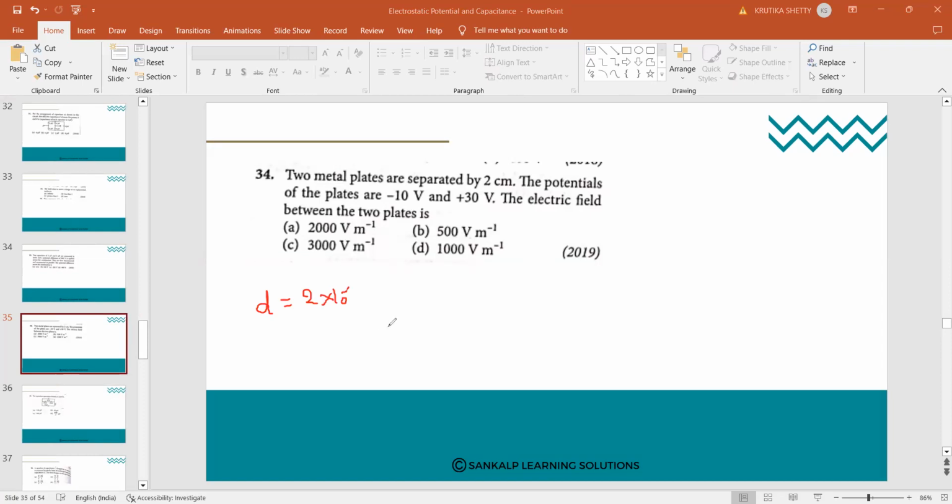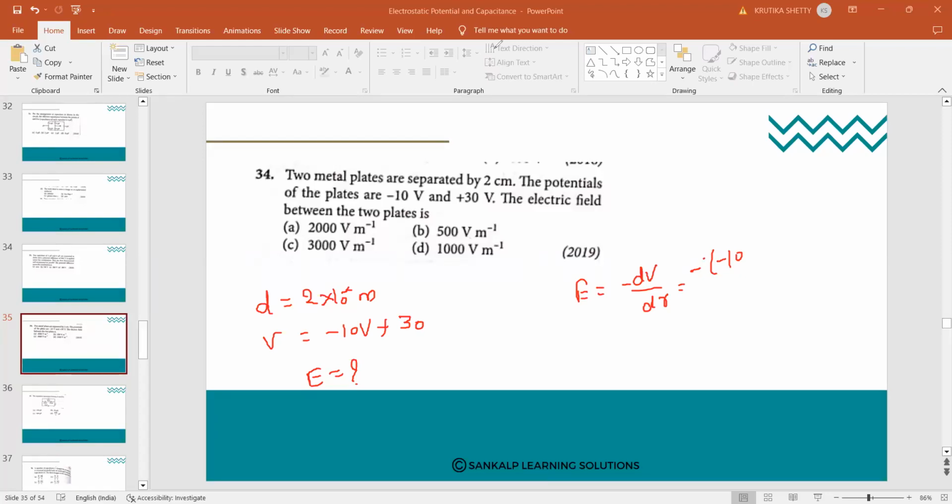So you know the electric field and the potential relation: the electric field is equal to minus dV by dr. Here dr is the distance and dV is the potential. So the minus is already there in our equation, minus 10 plus 30, that is nothing but, minus into minus, it will be 40.